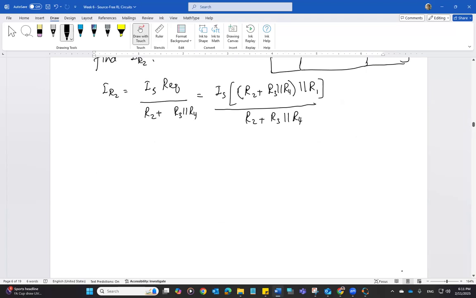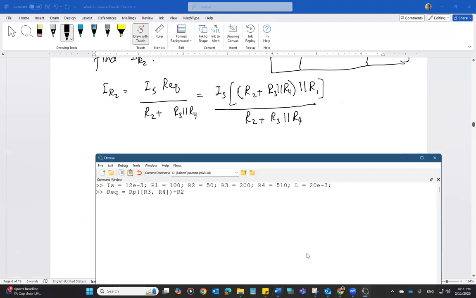Okay, so let's go ahead and do that. There's 193.662 ohms. And now my IR2 is IS times the parallel combination between my R equivalent and R1, divided by R equivalent, 4.08 milliampere.